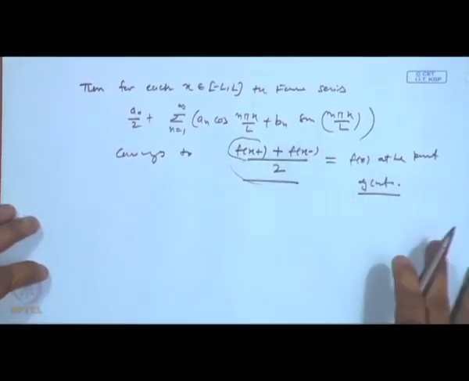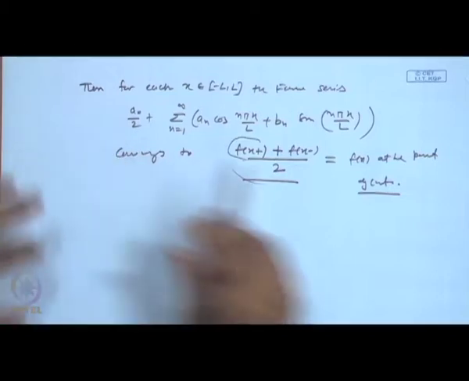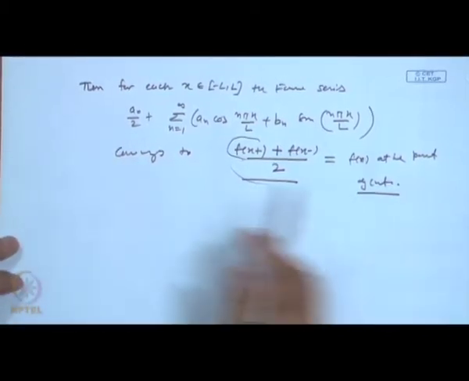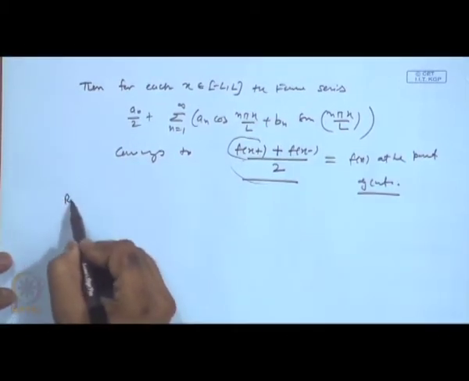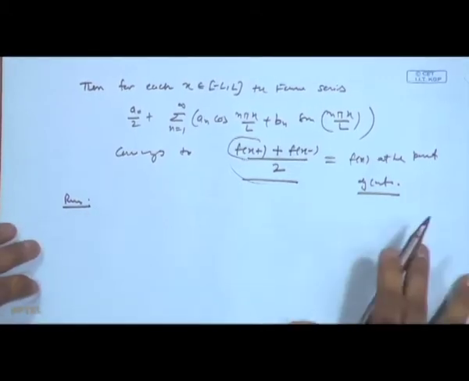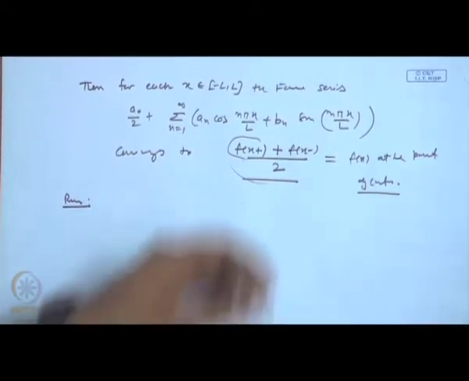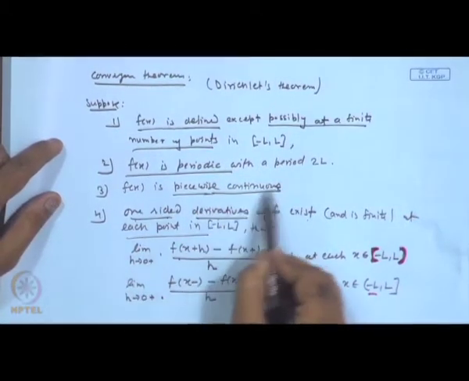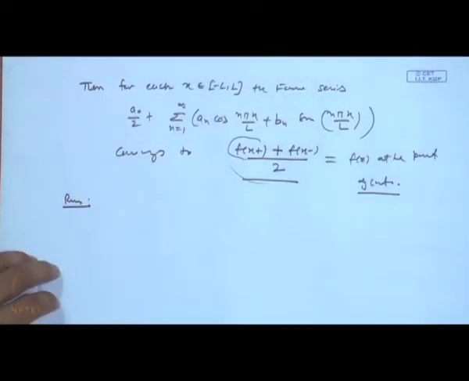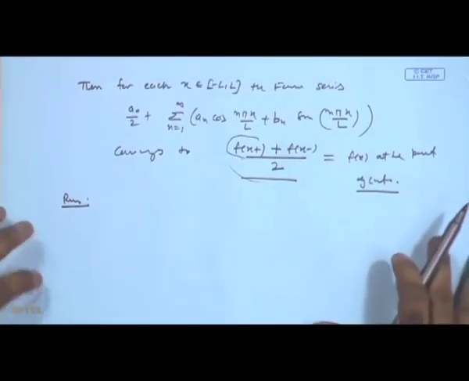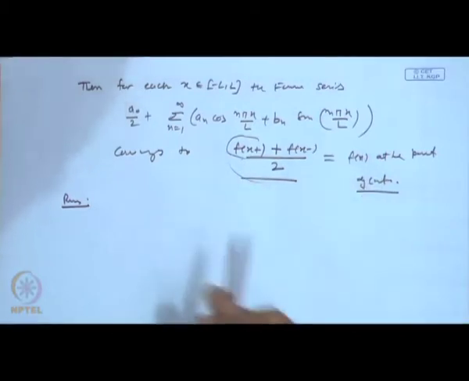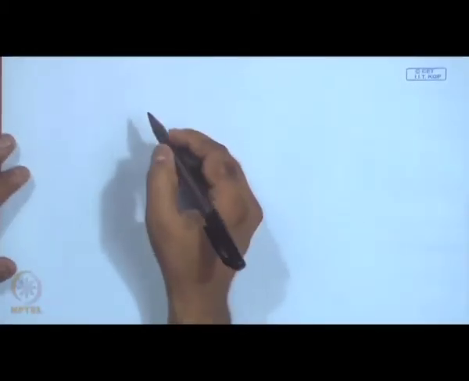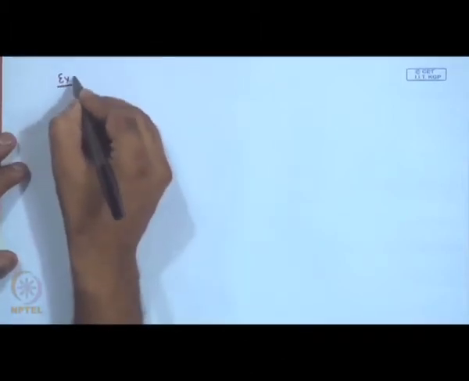Otherwise, we need to take the average value to make this equal. And the last remark: in addition to all these assumptions, if our function is continuous, then we have an even stronger version of this convergence, the uniform convergence. But we are not going into the detail of all these convergence results.